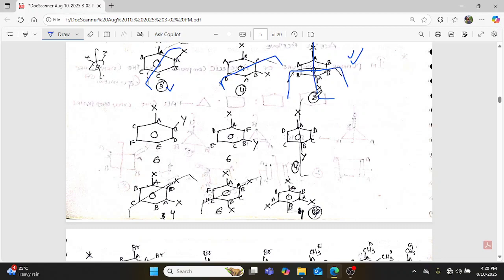But here see, one plane of symmetry we are observing, even though X and Y are different. These two are the same and these two are different. Okay. Like that, we need to identify the different kinds of environment around the different kinds of protons. Thereby, we will observe the non-equivalent sets of carbons.